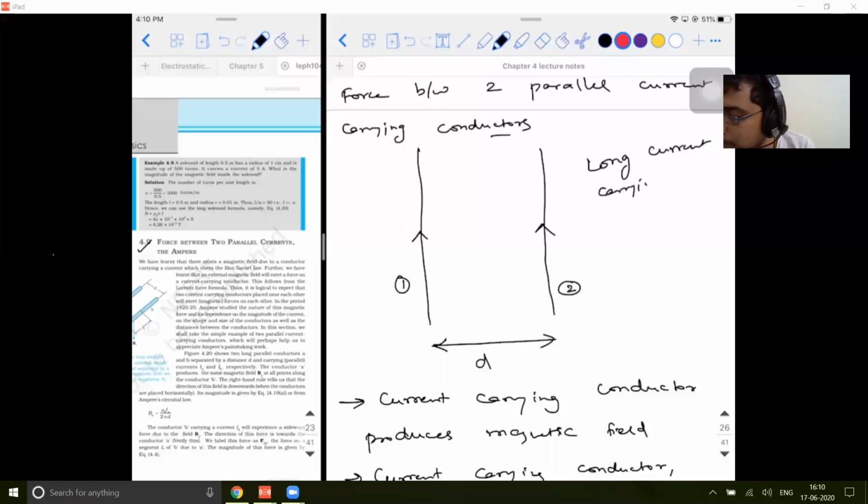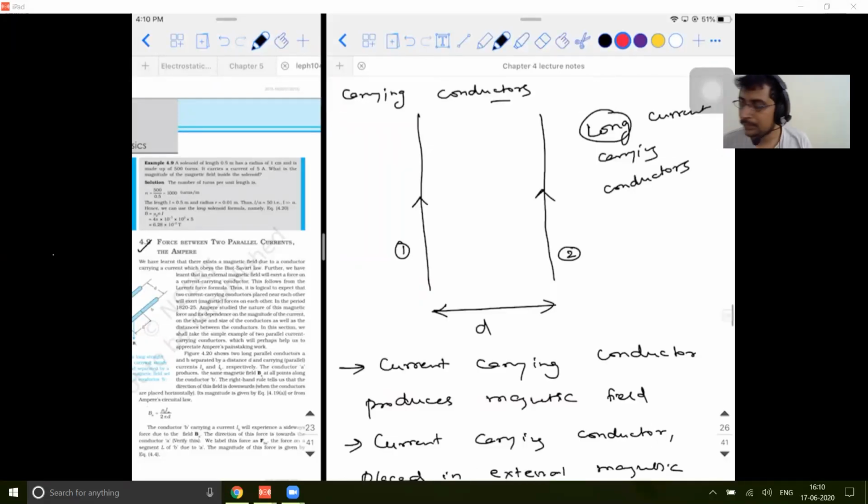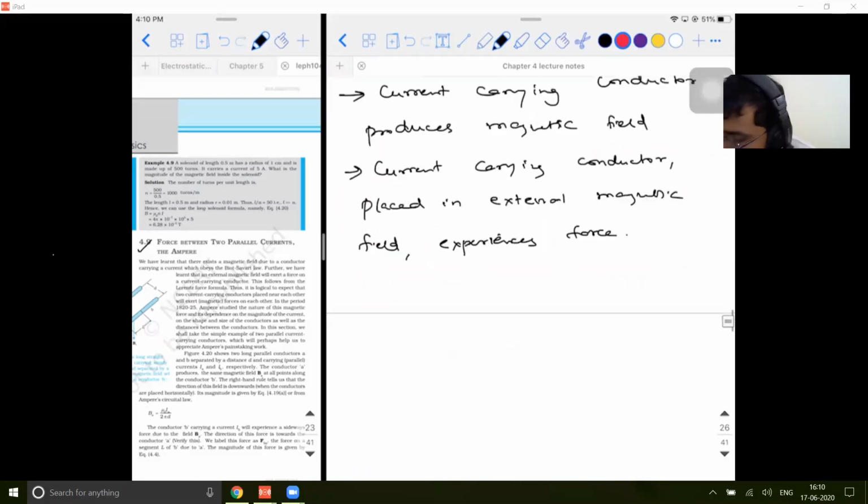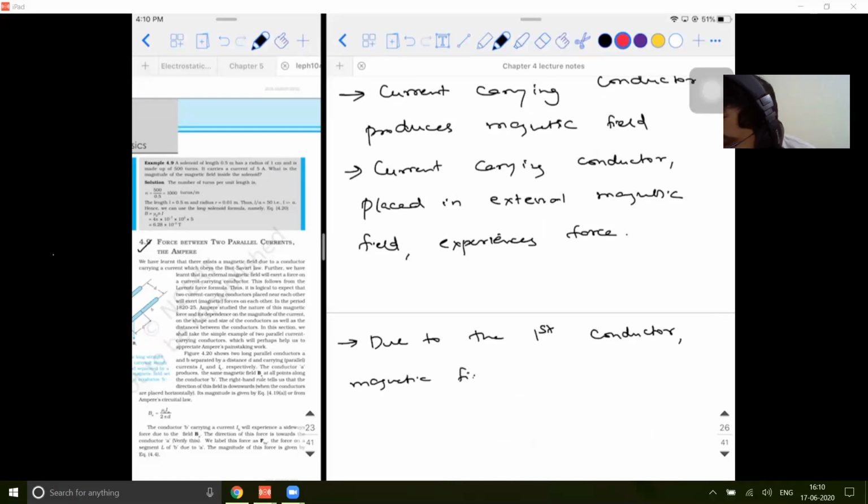In physics, long means infinite. Now observe the theory I am writing. Due to the first conductor, which is on the left hand side, what is the magnetic field at a distance d from it?